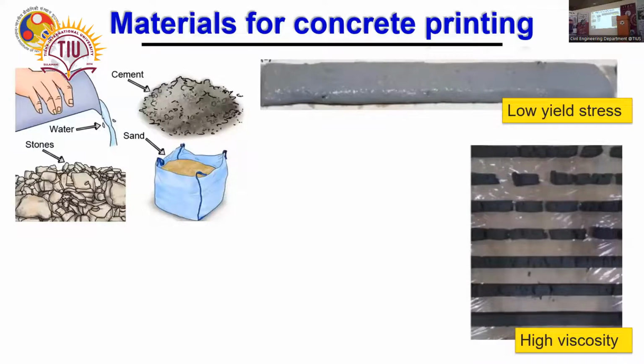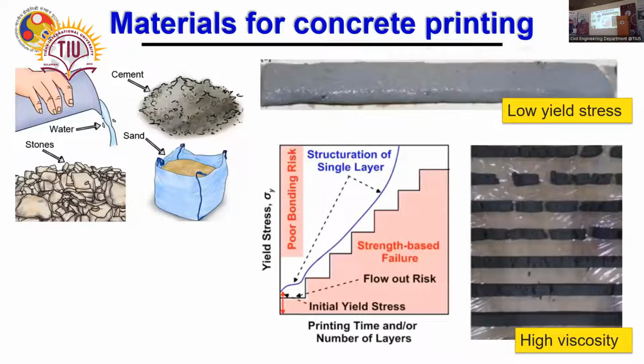And in another way, if I try with a very high viscosity material, then of course I can print stable layers, but they cannot be printed in a continuous manner. So you can see a lot of discontinuity. As a result, this is a very good schematic I referred from a paper. They presented that for concrete 3D printing, we need to maintain some minimum yield stress.